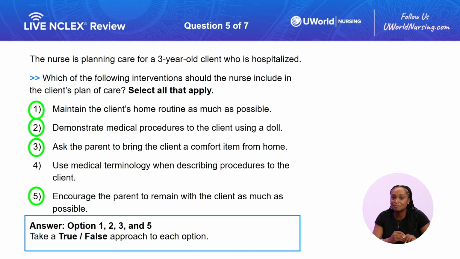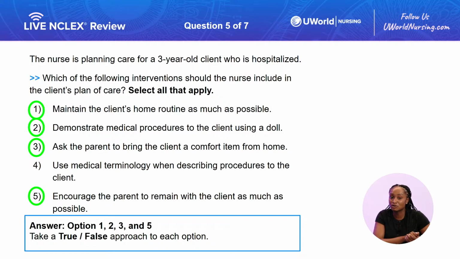Option 3, ask the parent to bring the client a comfort item from home. This is good. Everyone loves a good teddy bear or a blanket that they love so dearly, to also ease their anxiety about whatever is happening. And then option 5, encourage the parent to remain with the client as much as possible. Again, it's another comfort measure for them. If they don't have that stuffed animal or a blanket, a parent is always a good comfort measure.